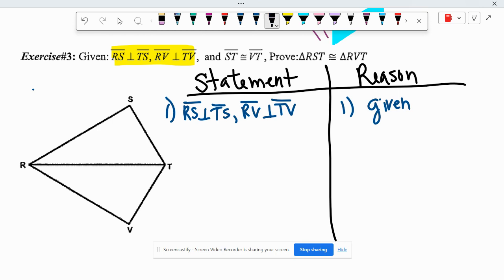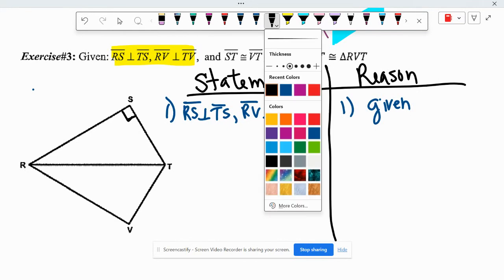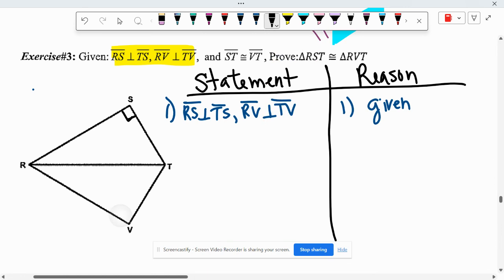Once I see that I have perpendicular lines, I'm going to draw a little right angle where RS and TS meet, and also where TV and RV meet. That's going to be my next statement because I drew something and I want to talk about it.